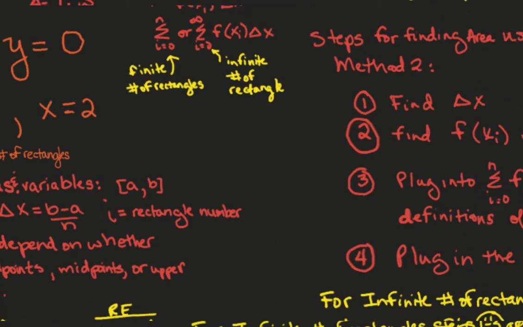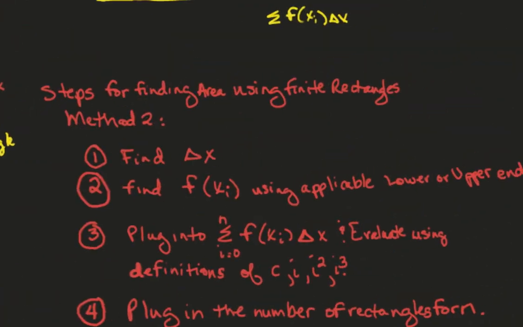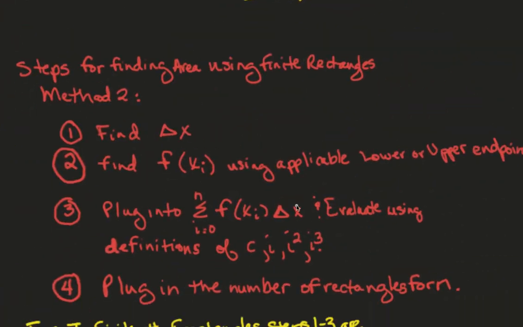Then you plug into that formula right there, where your x sub i, the endpoint that you found, is going to have the n's, no longer be numbers, and you're going to plug that into your function, whatever your f of x is. And then you're going to evaluate using the definitions that I told you to just memorize. And then you're going to plug in n, the number of rectangles.